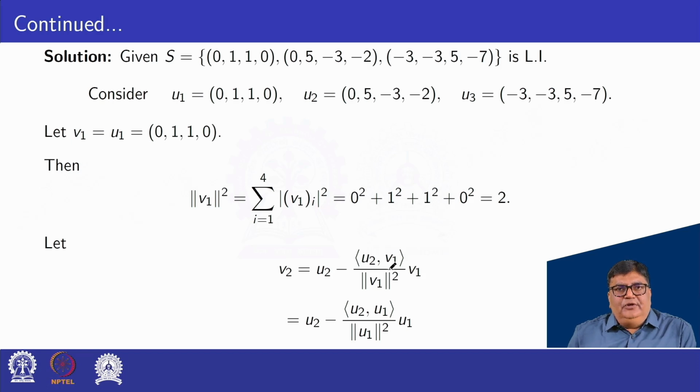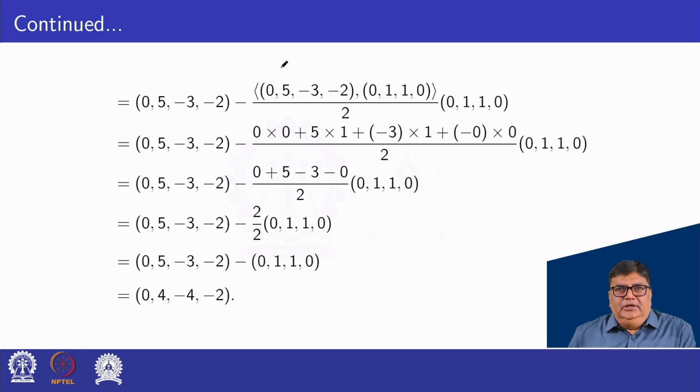Putting V1 equal to U1, V2 is equal to U2 minus the inner product of U2 and U1 upon the norm of U1 squared, into U1.